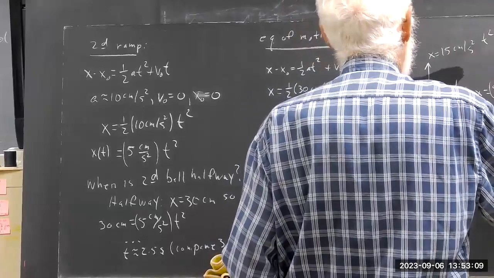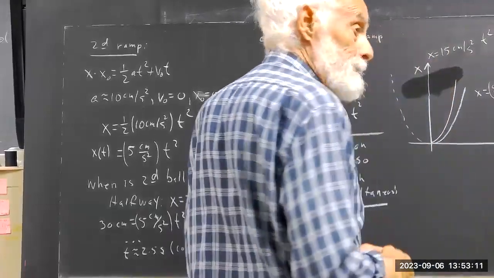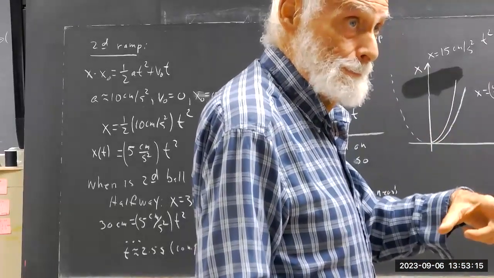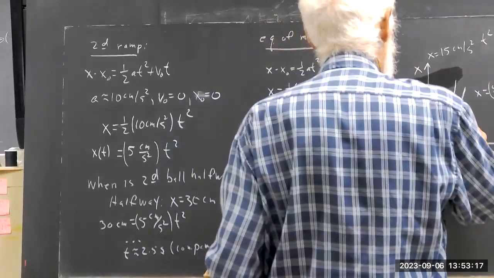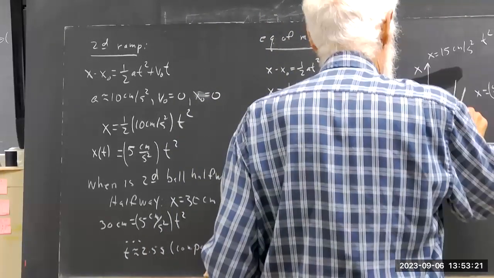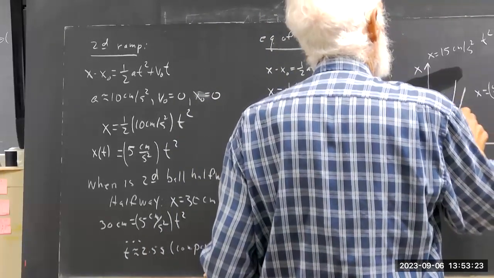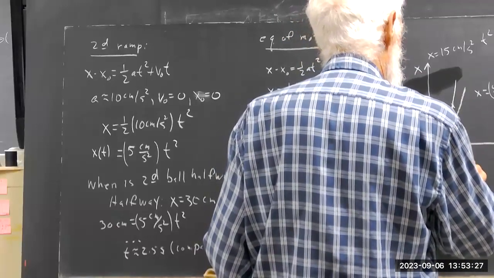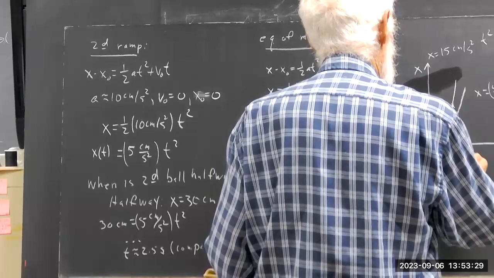So here's P and here's X. At any point, the distance between the balls would be distance from here to here. At this time, call this T half.